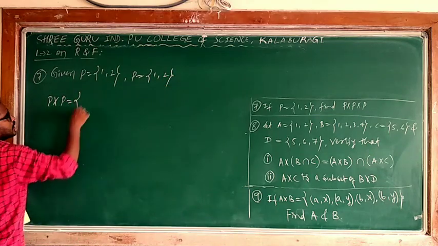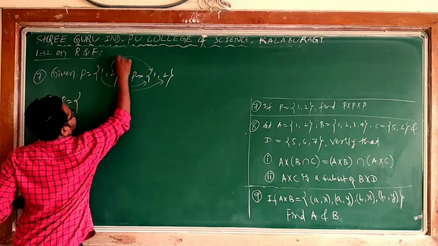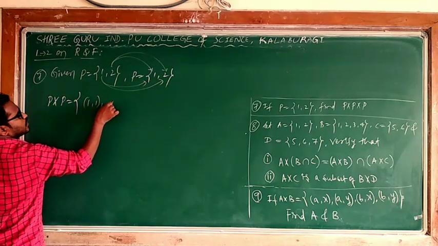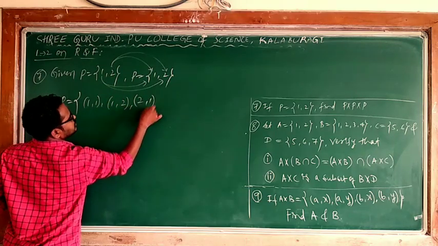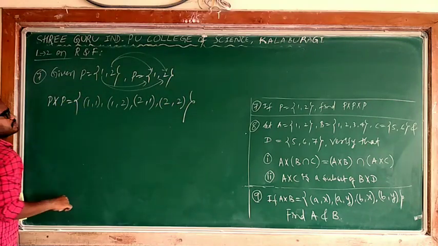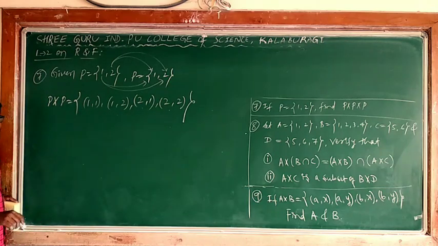Listen here, 1 with 1, 1 with 2, 2 with 1, 2 with 2. So (1, 1), (1, 2), yes, (2, 1), (2, 2). Yes, this is all. P cross P has how many? 1, 2, 3, 4. Means I have 4 ordered pairs.